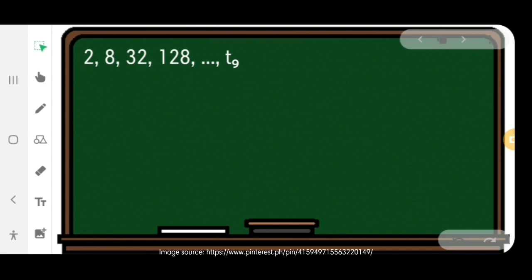Now, for example, we have here 2, 8, 32, 128, and then we are going to determine the ninth term. Let us determine first the common ratio, which is 8 divided by 2, which is 4. You can also determine the common ratio by dividing the third term by the second term or the fourth term by the third term.